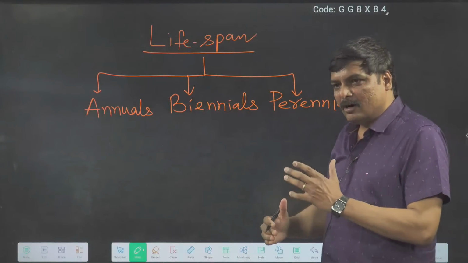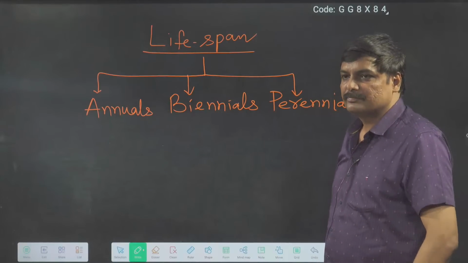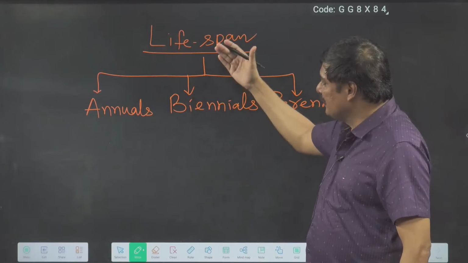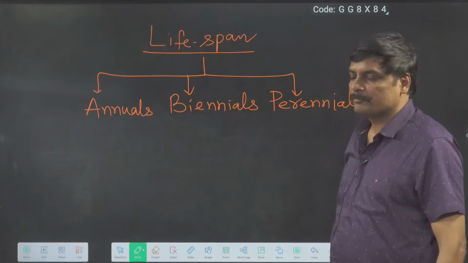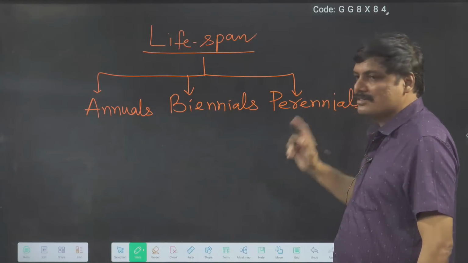So they also show diversity in the lifespan. Based on that, mainly they are divided into three groups: annuals, biennials, perennials.